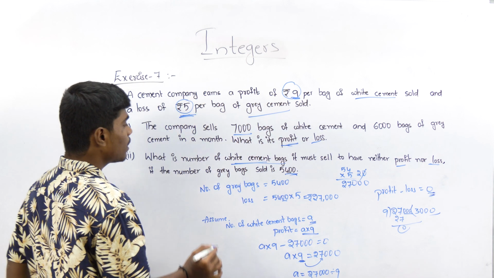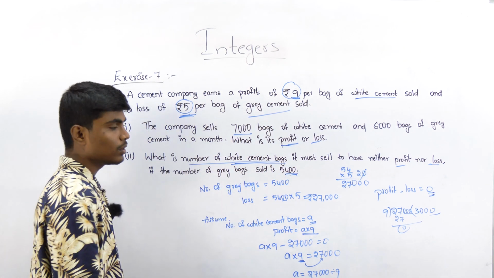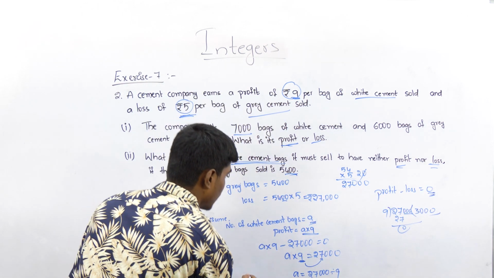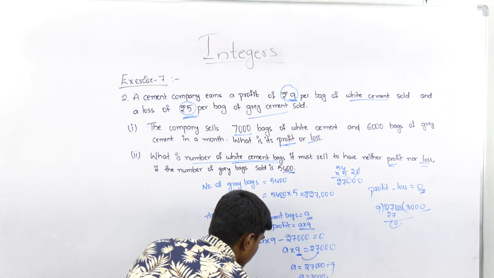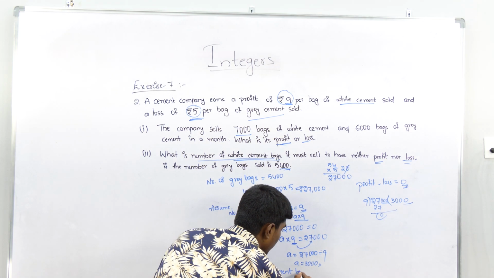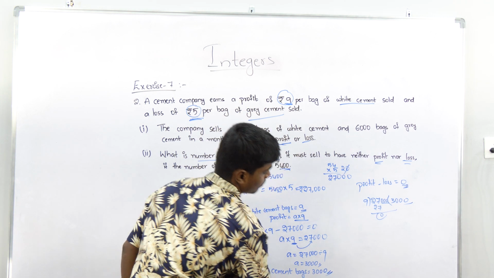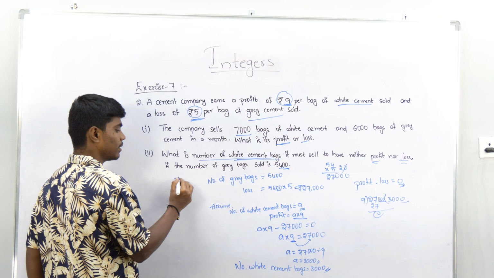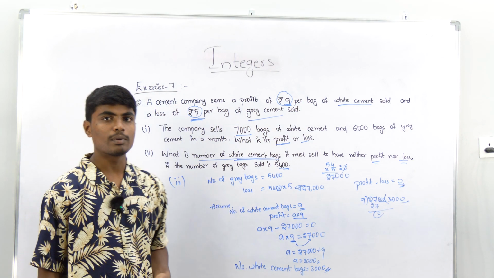So he should sell 3000 white bags to get neither profit nor loss. So the number of white cement bags is equal to 3000. This is the solution for the second one. By this we have completed our second problem.